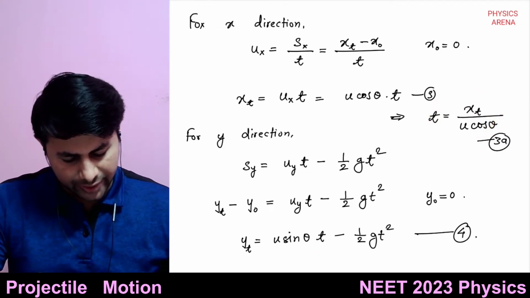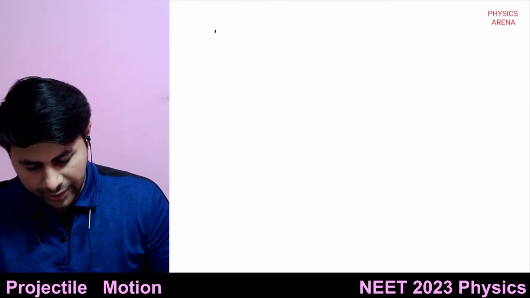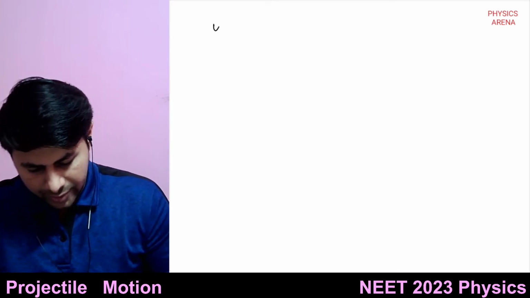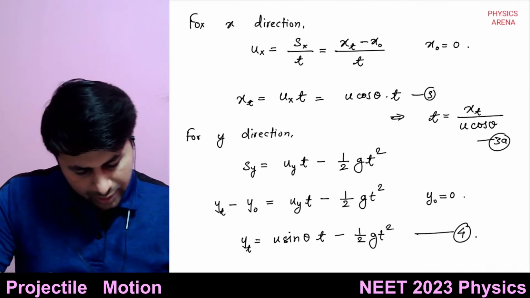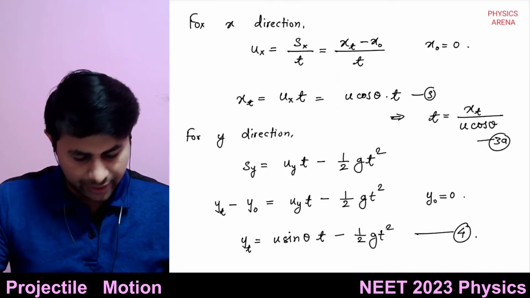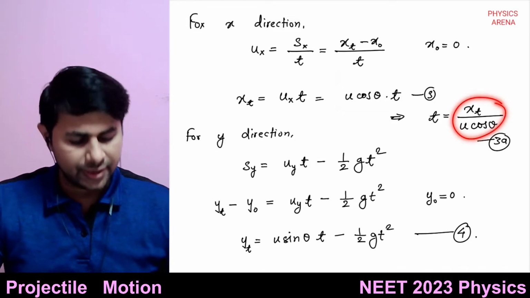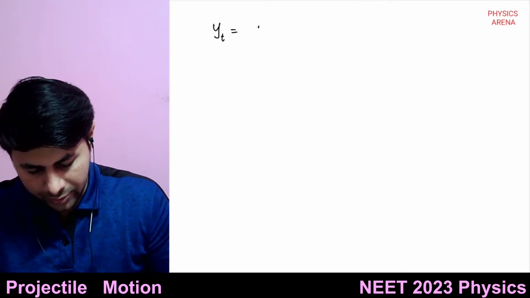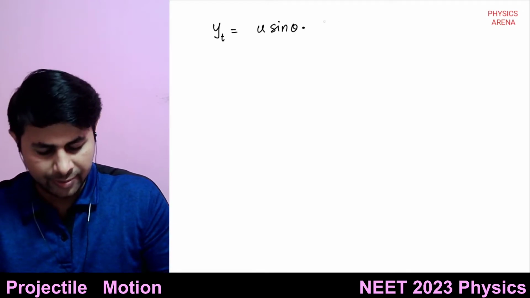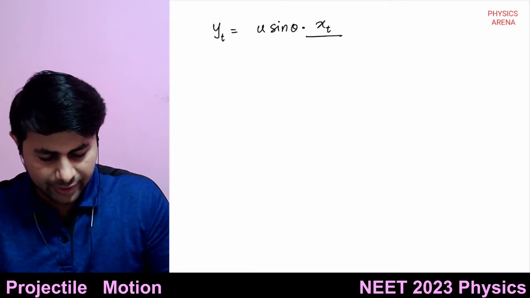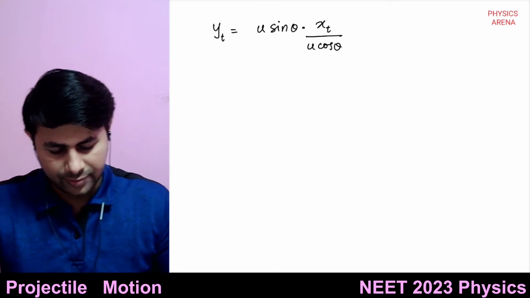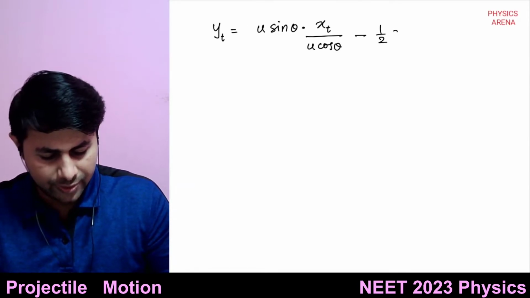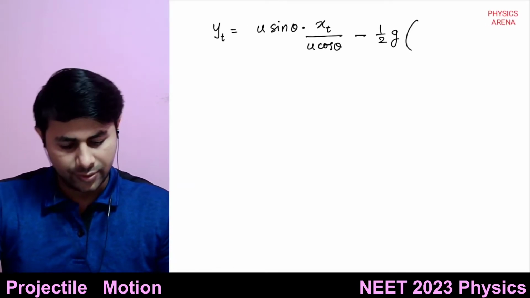Okay, so what do we get? We get y at time t is equal to u sine theta multiplied by t, and what is t? It is x at time t divided by u cos theta. So u sine theta multiplied by x at time t divided by u cos theta, minus half of g multiplied by t square.